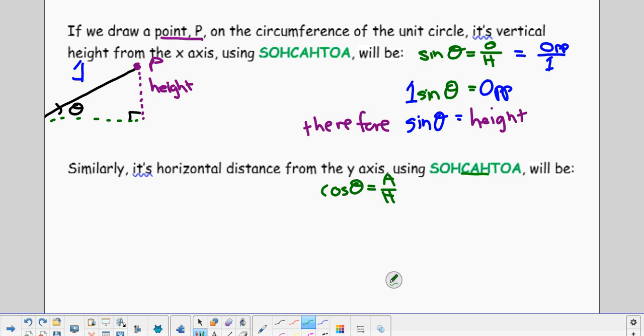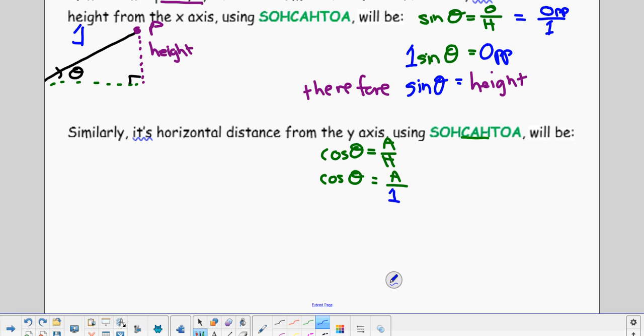So let's plug in the hypotenuse of 1 again. So cos theta equals adjacent over hypotenuse, which was 1. And then to solve for the adjacent, we transpose to make the adjacent the subject by timesing by 1. 1 cos theta equals the adjacent.